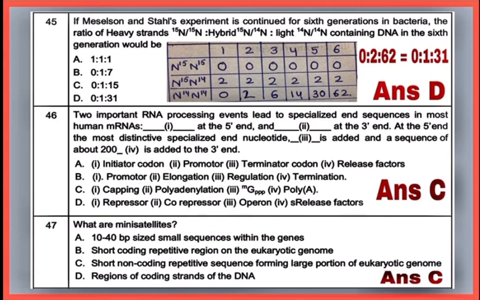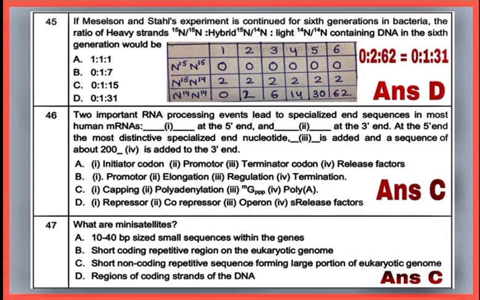N15 will be 0 always, N15 and 14 will be 2 always, and now see N14. It is 0 in the first generation. In second generation, it will be 0 multiplied by 2 plus 2, which is equal to 2. In third generation, it will be 2 multiplied by 2 plus 2, which is 6.